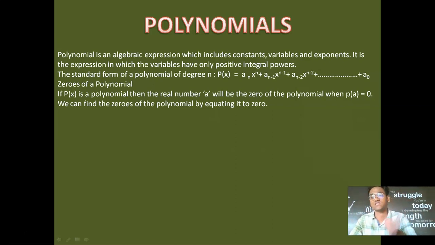That means p of minus 3 by 2 is equal to 0. Clear, students? We can find the zeros of the polynomial by equating it to 0, as I did in the last question. If there is a quadratic polynomial, we will equate the expression equal to 0 and find the zeros.